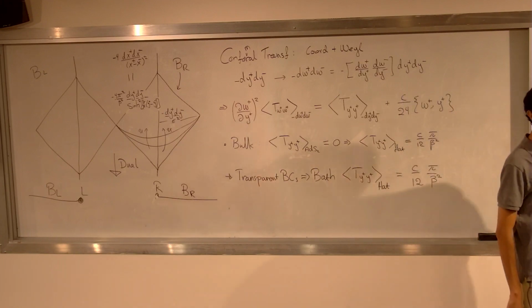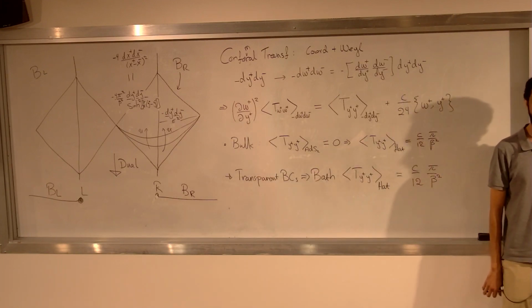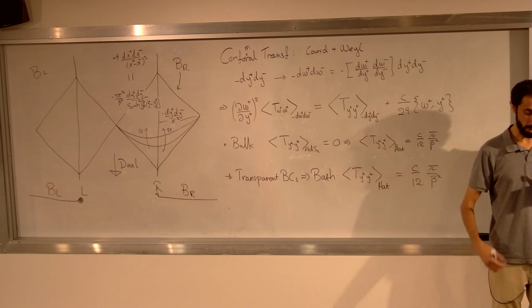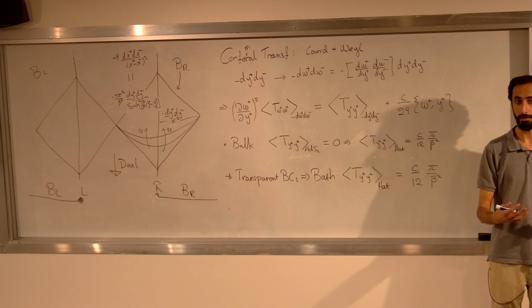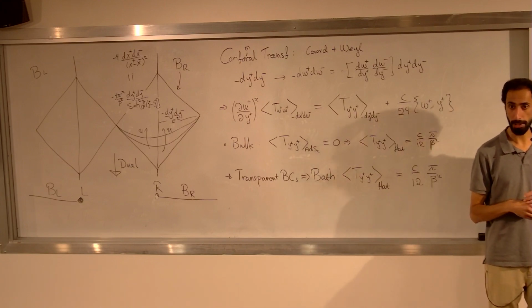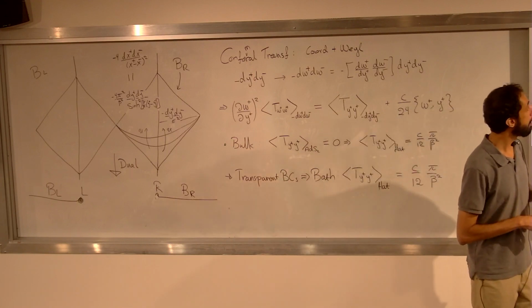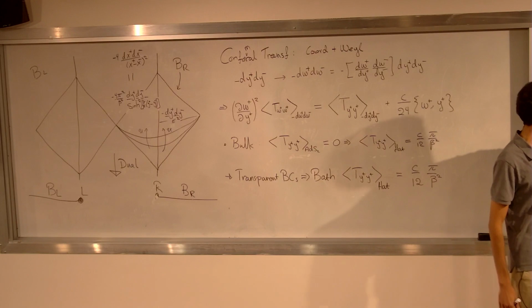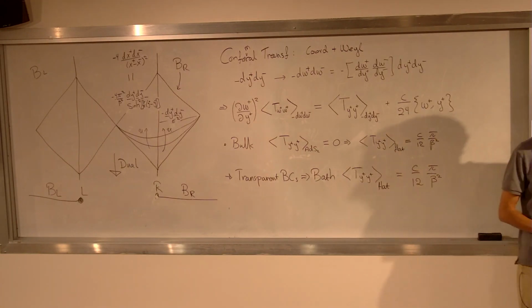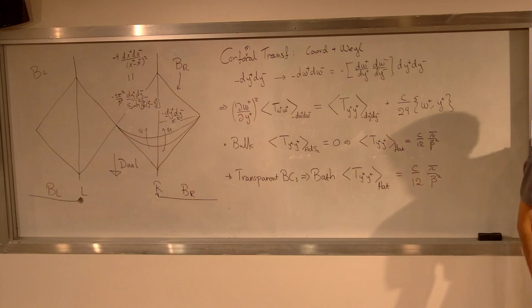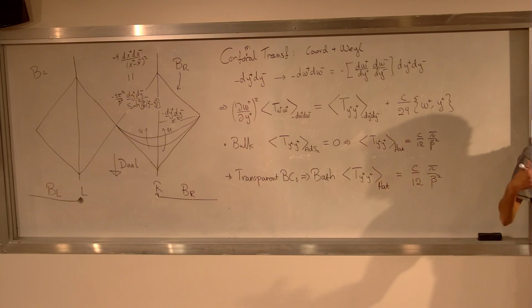The proposal of Gibbons and Hawking is that we can compute the partition function of gravity, or of the eternal black hole specifically, by evaluating the gravitational path integral on the Euclidean black hole solution. By that I mean you just evaluate the path integral on the saddle point given by the Euclidean black hole solution.